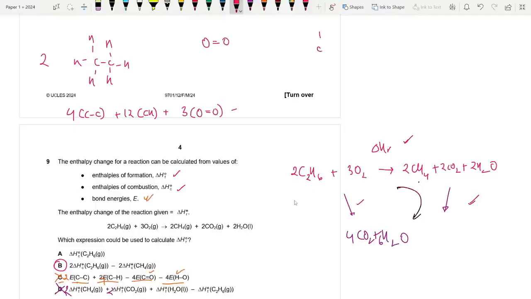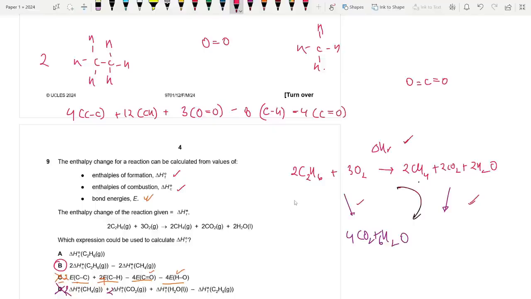And then minus, for methane, we have 4 CH bonds. This is bond making, but there are 2 molecules of methane, so 2 times 4 is 8. And then you have carbon dioxide, which is like this, 2 C double O bonds, so that's 2 times 2, which is 4 C double O bonds.